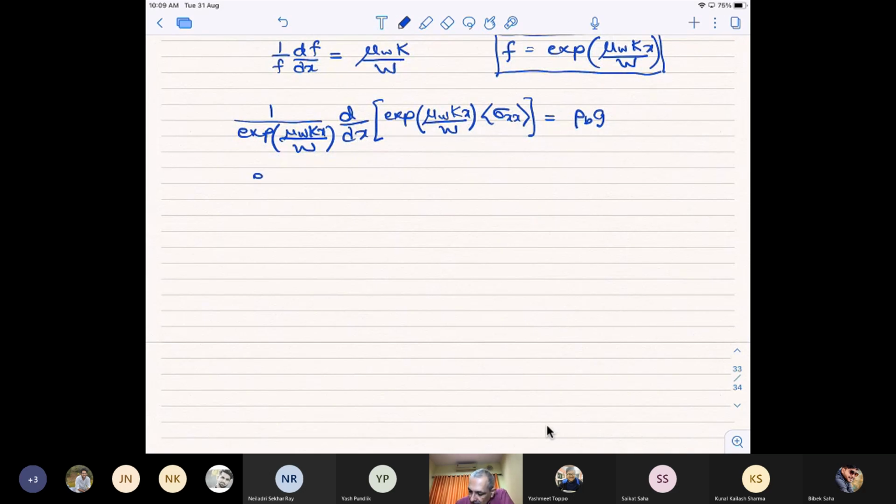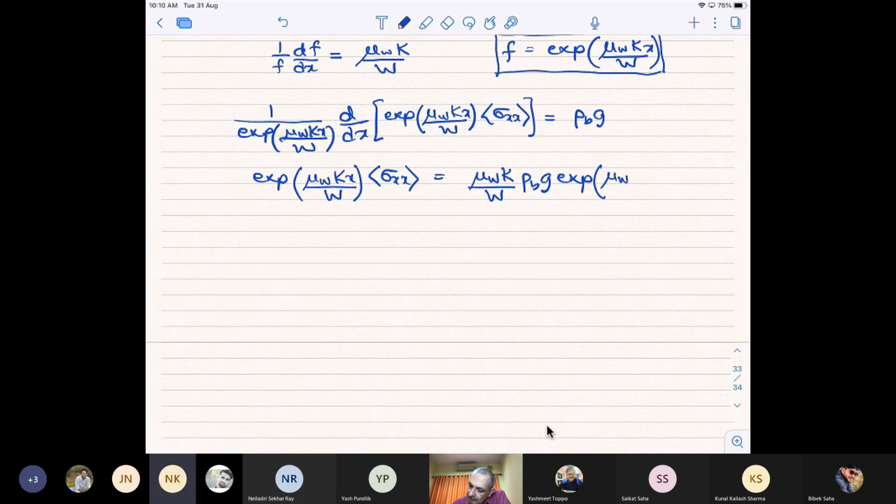So I will get exponential of mu w kx divided by w into this is just equal to, if I take it on that side and integrate, mu w k divided by w into rho bg exponential of the same thing. Are you catching my mistakes?